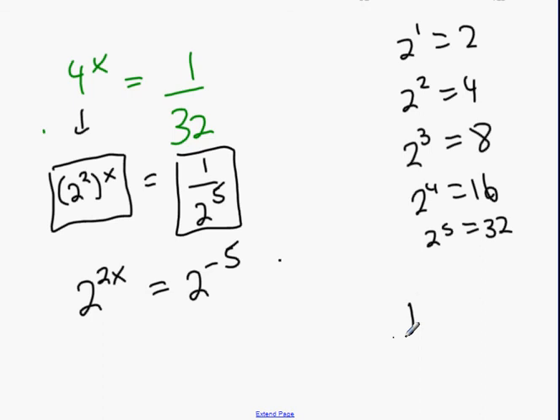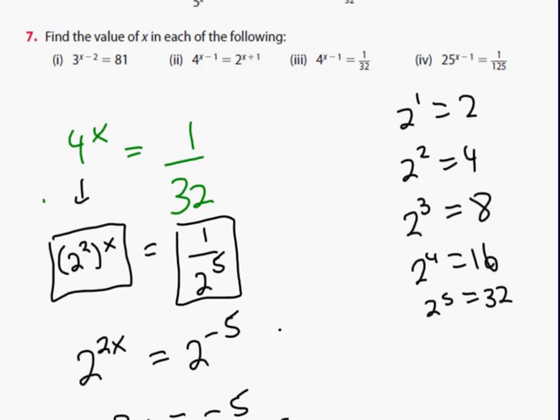If I had 1 over x to the 5, that's the same thing as x to the minus 5. If I had 1 over 10 to the 9, that's the same thing as 10 to the minus 9. Now, how do I finish this question off? Anybody? 2x equals minus 5. x equals minus 5 over 2. Okay?